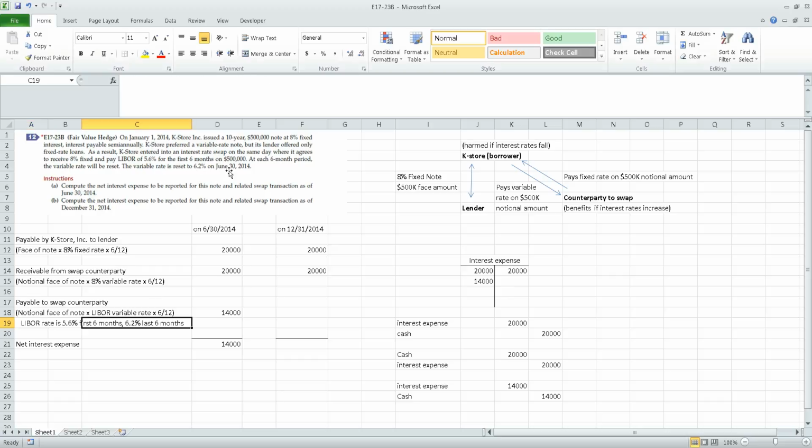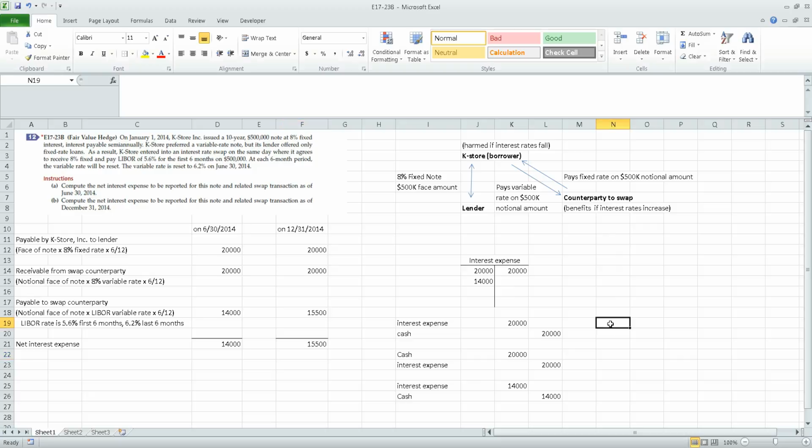That's the rate that's effective from July 1st, 2014 to December 31st, 2014. So we've got the notional amount of $500,000 times the rate now that's been reset to 0.062 times 6/12 of the year. The fixed amounts cancel out, so the amount of interest expense we're going to recognize is $15,500.